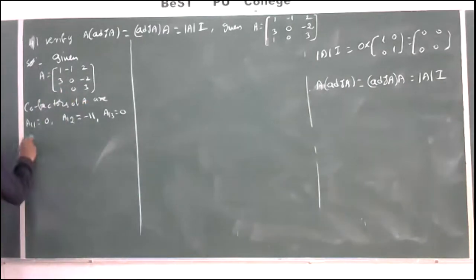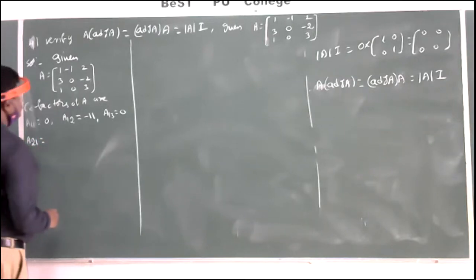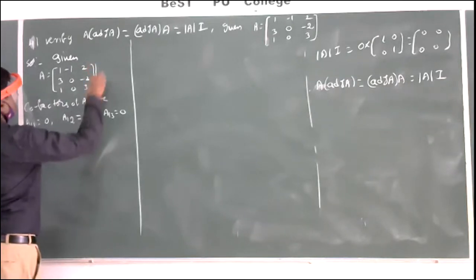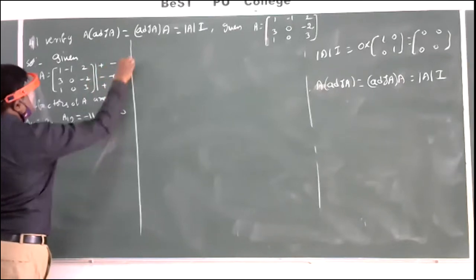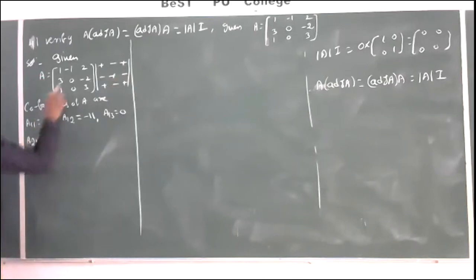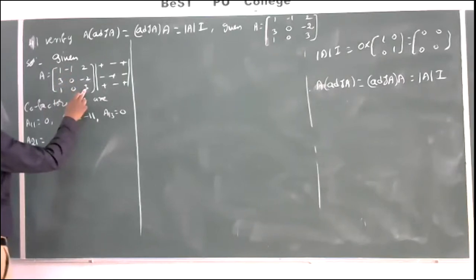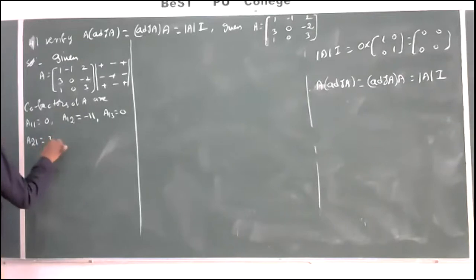Now A21 means minus. The signs go plus, minus, plus, minus. A21, second row first column left, minus 1 into 3 minus 3, 0 into 2 is 0, already a minus is there, then plus 3.